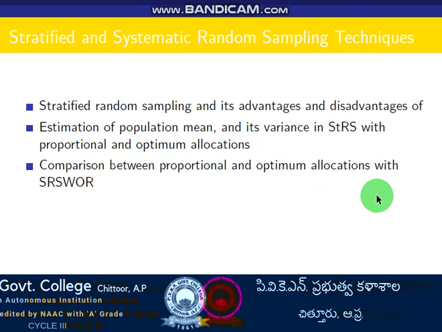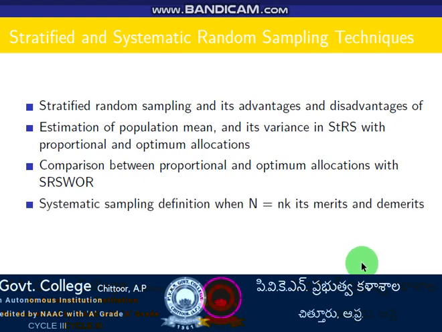The comparison between proportional optimum allocations with SRS WOR. We have to estimate the variance of sample mean in simple random sampling. We have to compare it with the proportional and optimum allocations of variances of stratified random sampling techniques.